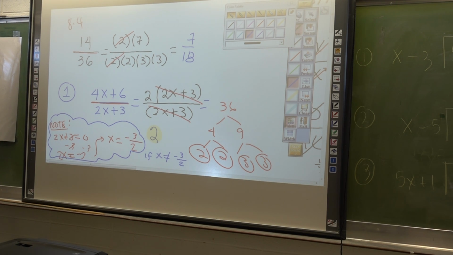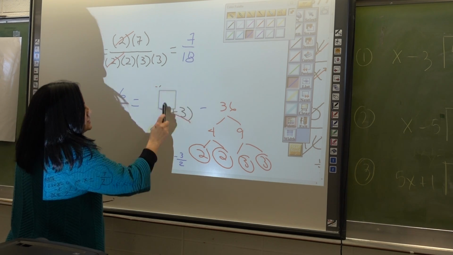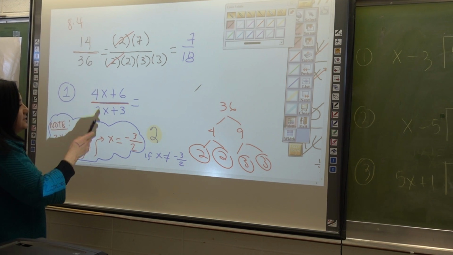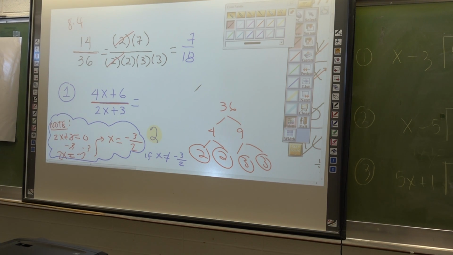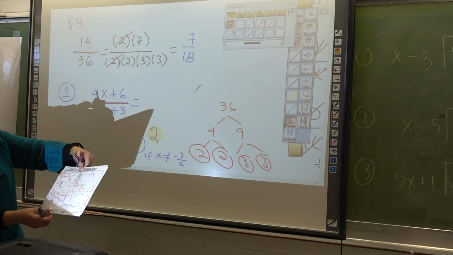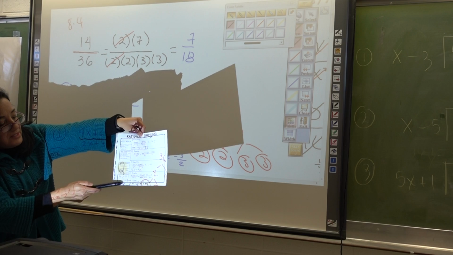We're going to be factoring the expressions. Like in this case, you have to factor this and this. That's why in the paper that I passed, right in front, you have the list of all the factoring strategies that we have.